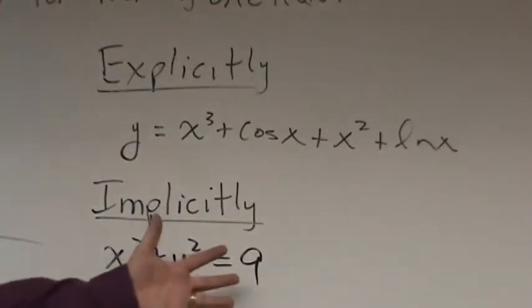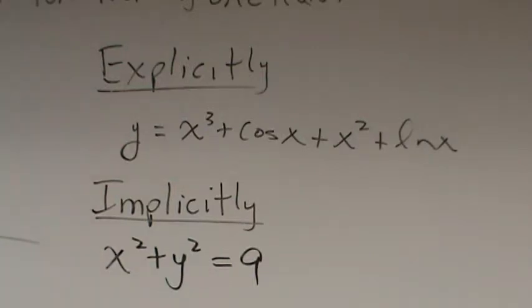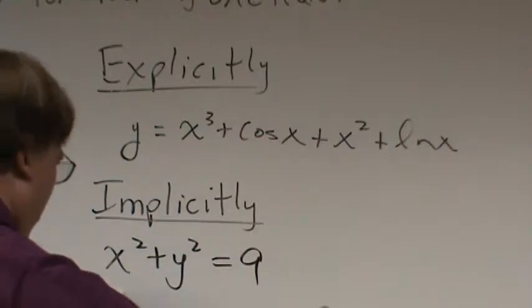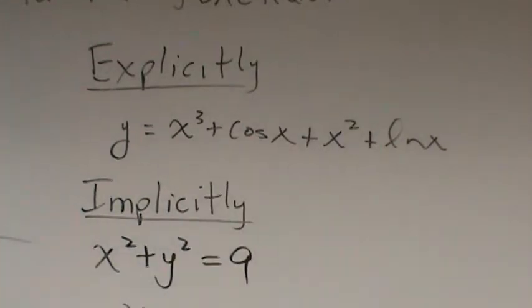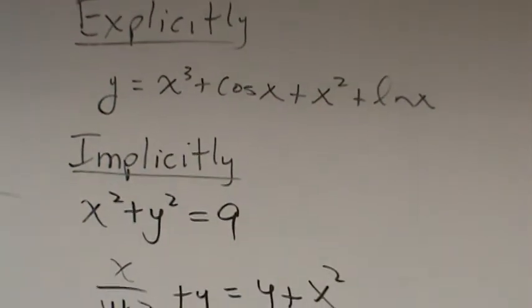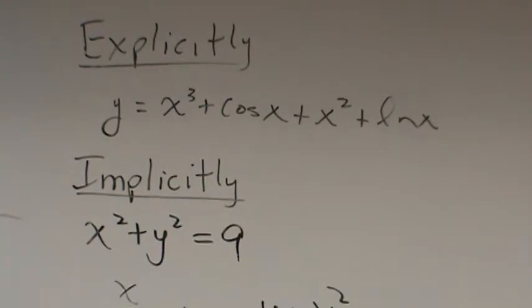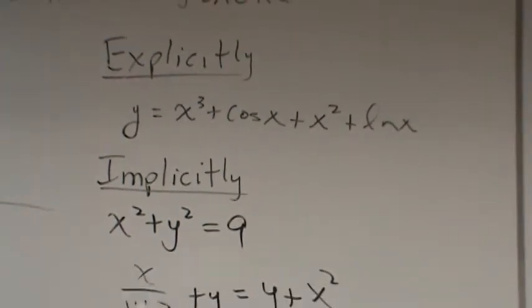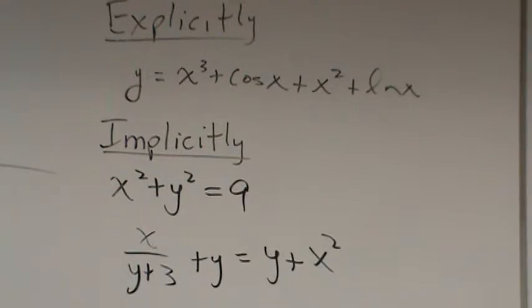So it's better just to define the quantities implicitly. Or another example of an implicit definition would be one where they're all mixed up together randomly. And again, you couldn't solve for y no matter how hard you try. You can't solve for y, and frankly, I don't even want to try.